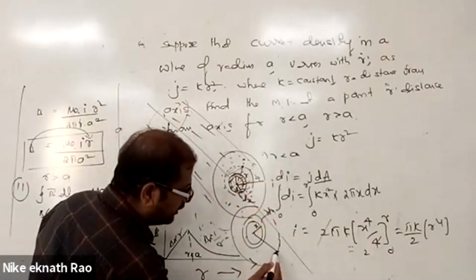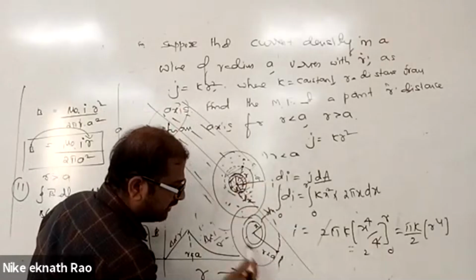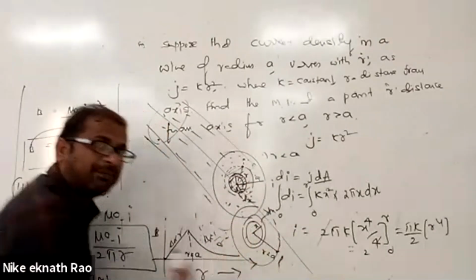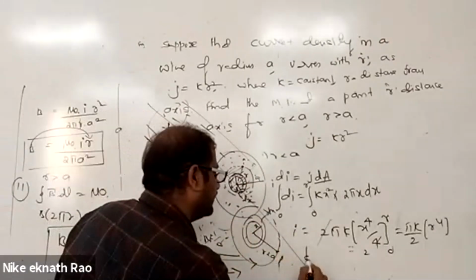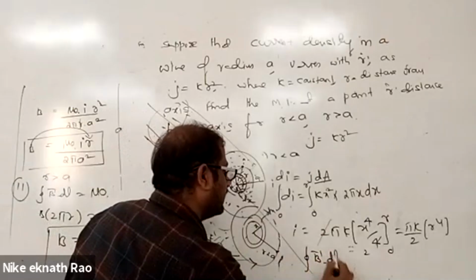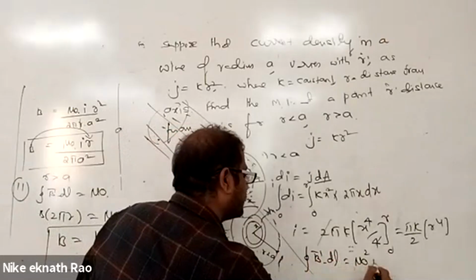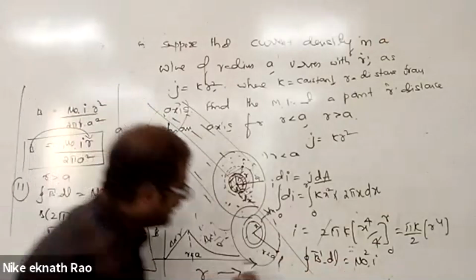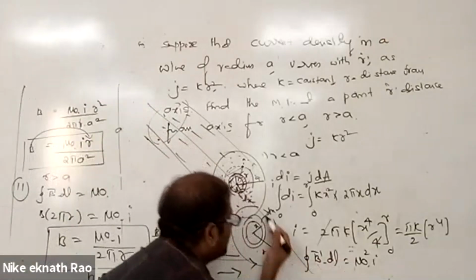Now at this point P, where R is less than A, we want to find the magnetic field. Now apply the Amperian loop. What formula? The line integral of B dot dl is equal to mu naught times I. For this loop of radius R, B is constant everywhere.